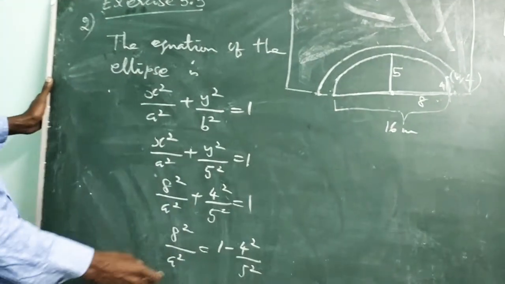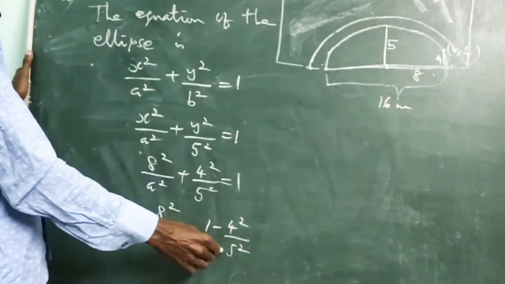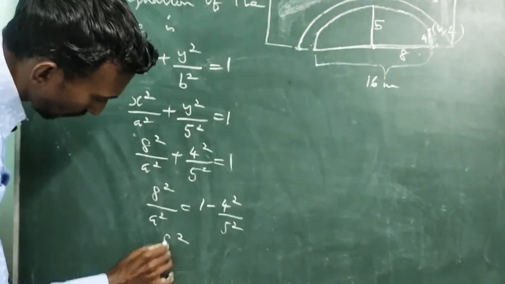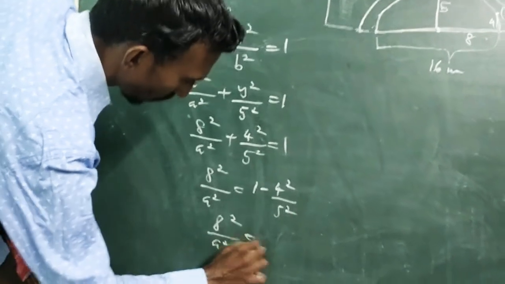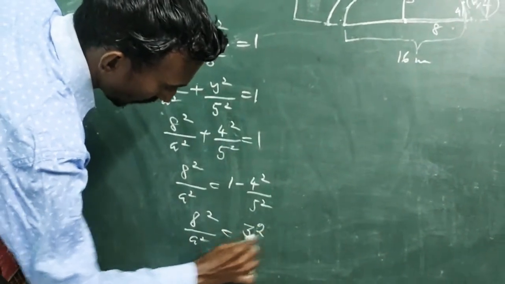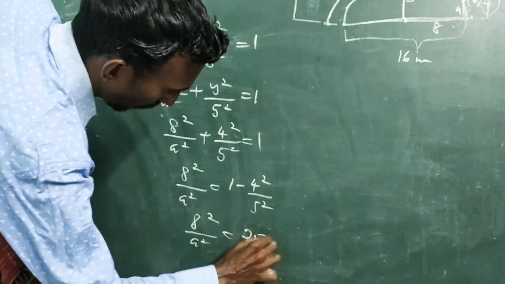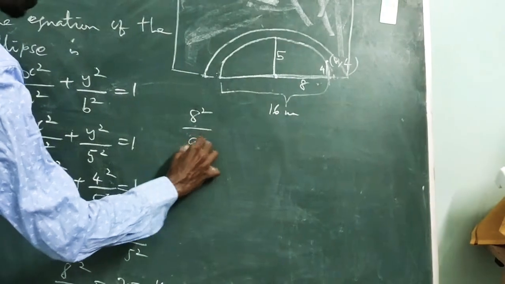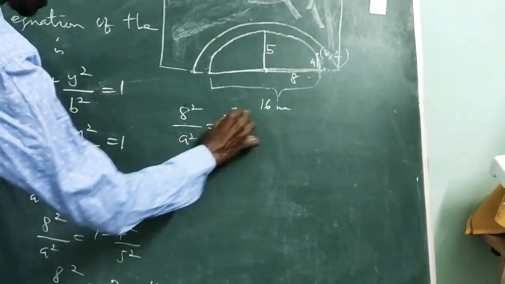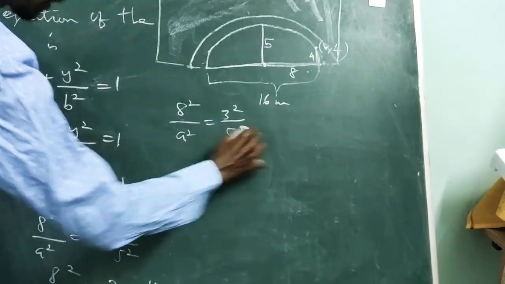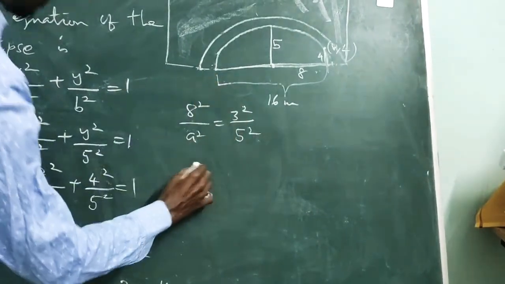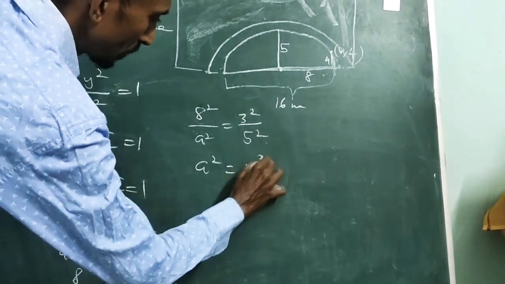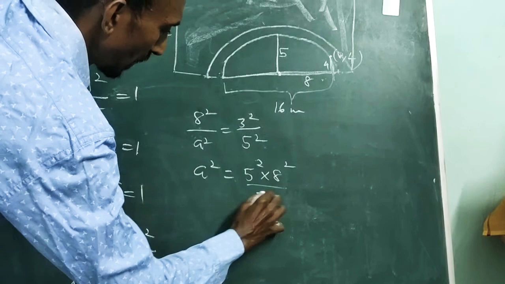If we take the LCM, 25 minus 16 by 5 square, that is 9 by 5 square. So 8 square by a square equal to 9, that can be written as 3 square by 5 square. So cross multiply: a square equal to 5 square into 8 square by 3 square.